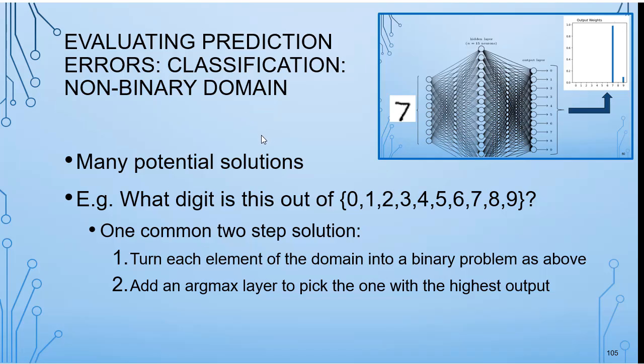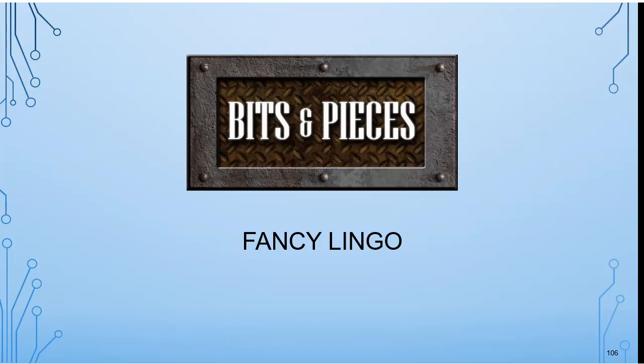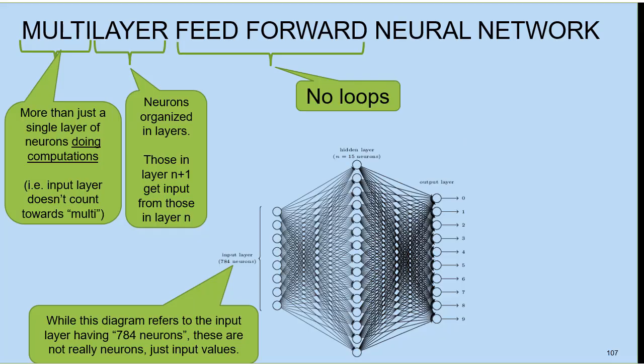Right, just to make sure you're familiar with all of these terms, when we talk about an input layer, these aren't actually neurons. These are your input values that this neuron gets as input after being multiplied by a weight, plus adding the bias.